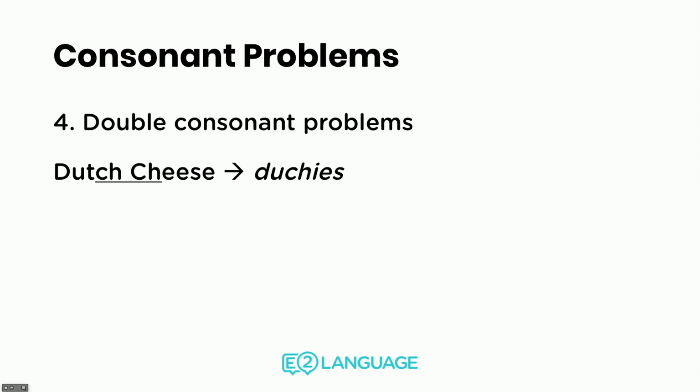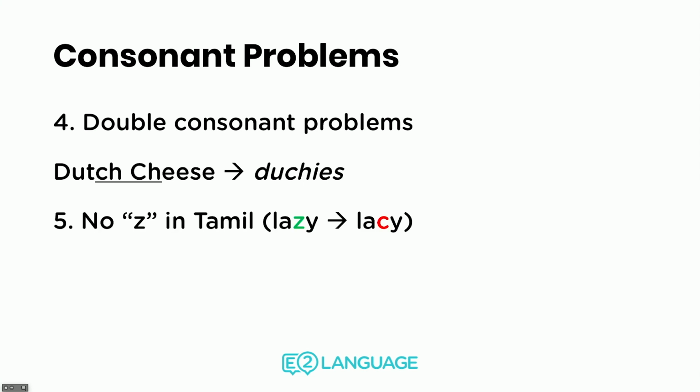But apparently, in Dravidian languages, often these can combine, and when you're speaking English, it sounds like Dutchies instead of Dutch cheese. So just be conscious that if there are two consonant sounds together, you do need to say them both in English.